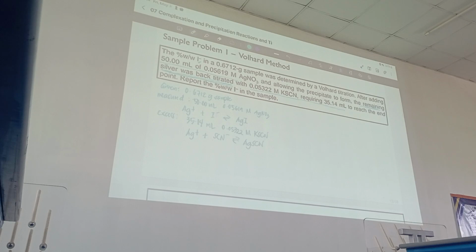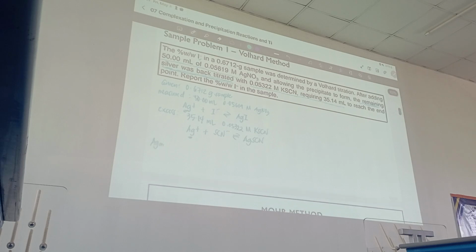Okay. Sunod, let's plan. You start first with the reacted Ag. So, Ag moles na reacted. Convert na to into moles of I, grams of I, and percentage of I. Follow? Yes.